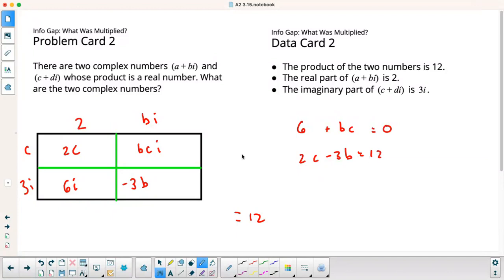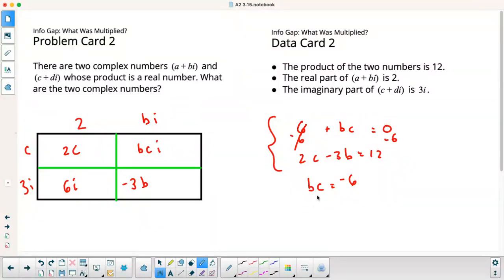So this is one where you might have to do a little bit of substitution instead of elimination. So let's move the 6 over to the right. So this top equation is going to be bc equals negative 6 by subtracting 6 from both sides.